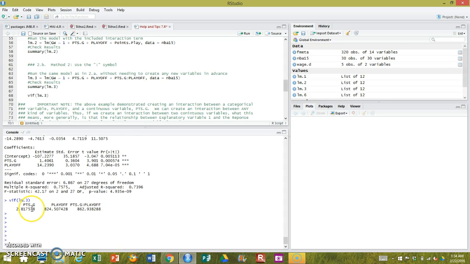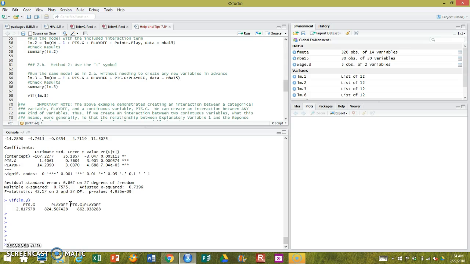Points per game is fine. Its overlap with these other variables is not creating too much of a problem. But look at that. The playoff variable and the interaction term each have gigantic variance inflation factors. The variance on these terms is over 800 times what it should be because of collinearity, obviously between each other.